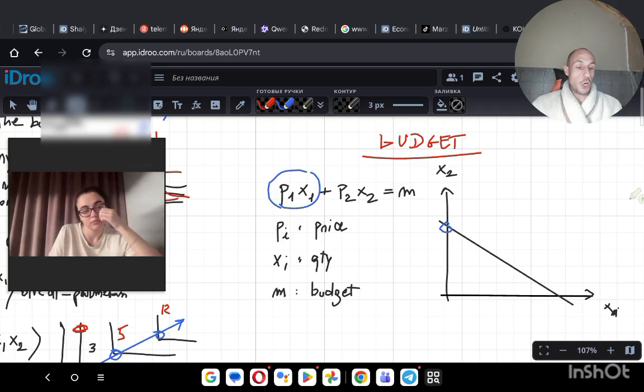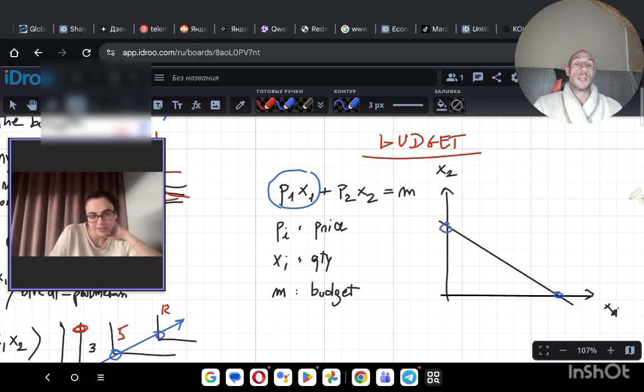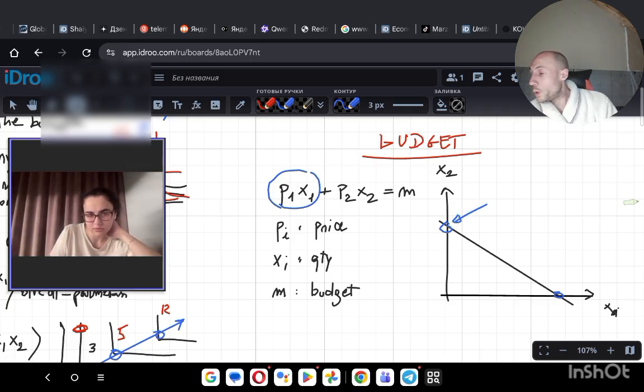What are the intercepts here? Intercept of x2 and x1? Yes. How much are their values? The intercept of the budget line with the axis. So how much is this value here? It's 0 of x1 and something of x2. Exactly.